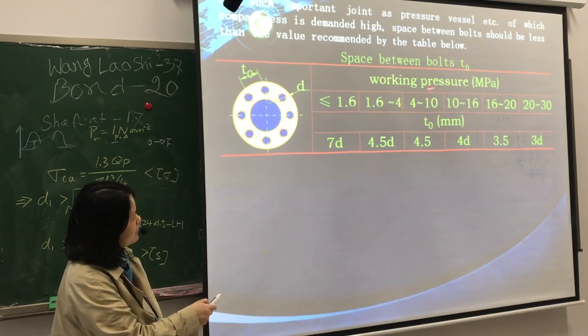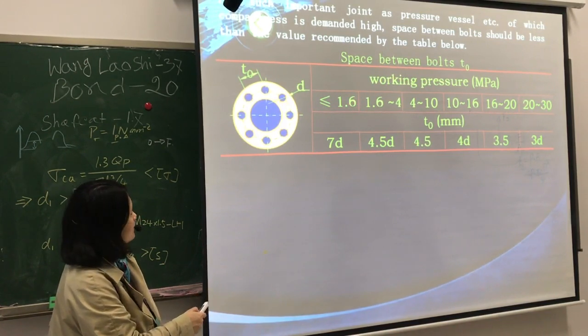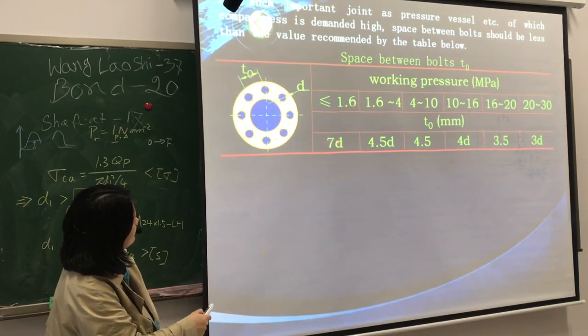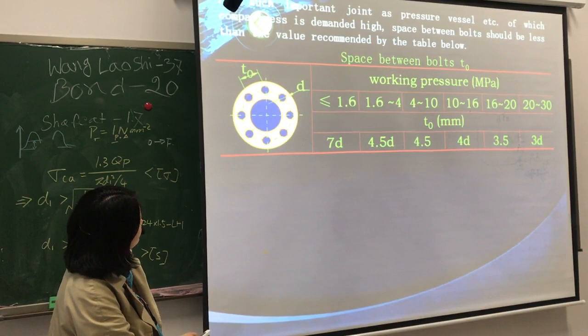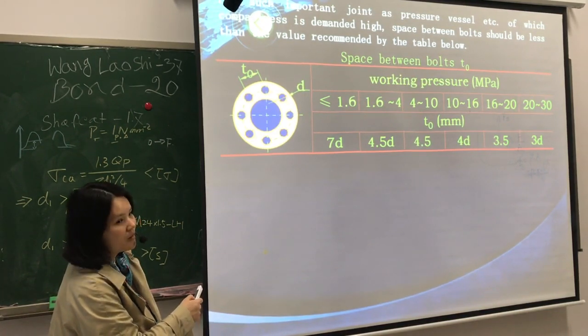When the working pressure is less than 1.6 megapascal, T0 should be 7D. D is the diameter of the bolt.